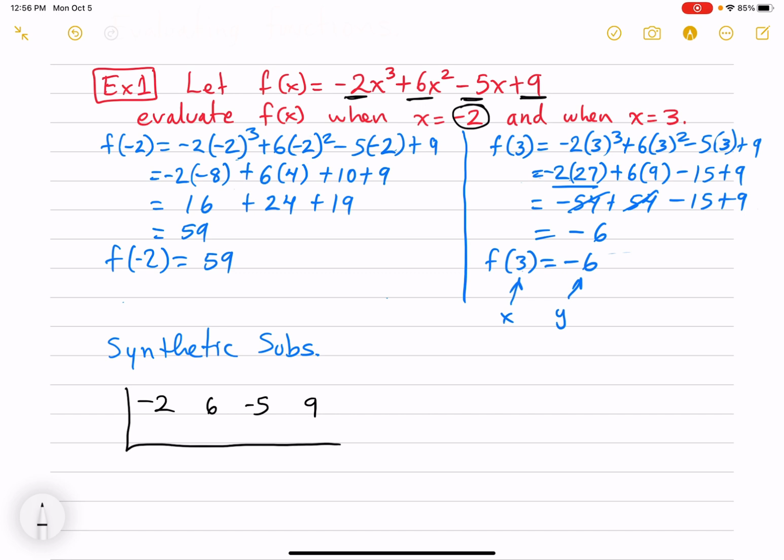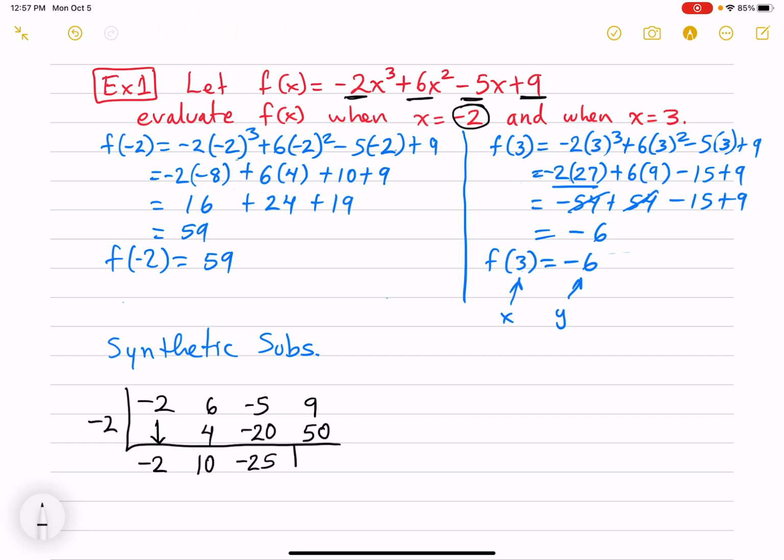Because we already know what x is equal to, we don't change the sign. We just bring it down as a -2. And then we proceed to do the same thing we did for division. So this is -2. -2 times -2 is positive 4. 4 and 6 makes 10. 10 times -2 makes -20. -20 and -5 makes -25. -25 times -2 makes a total of 50.